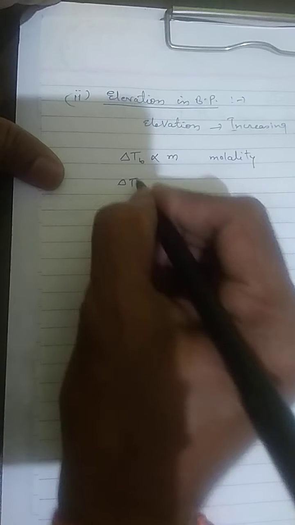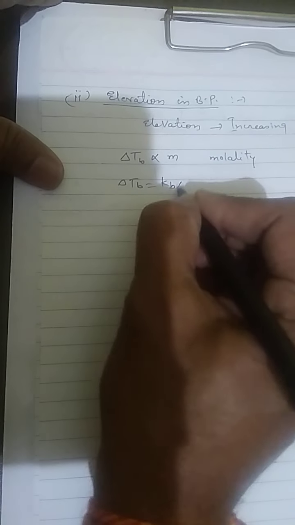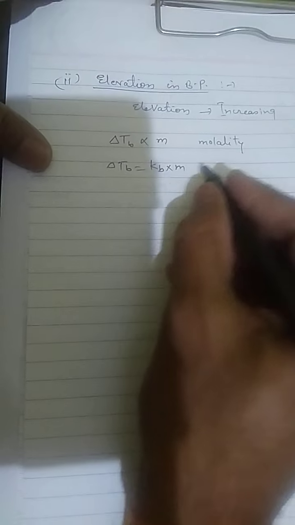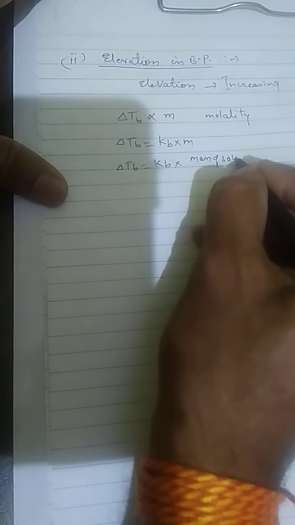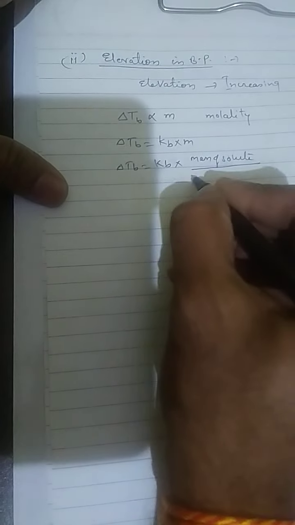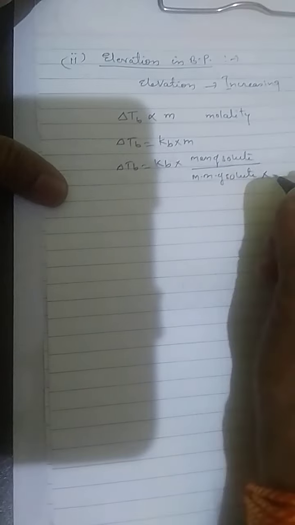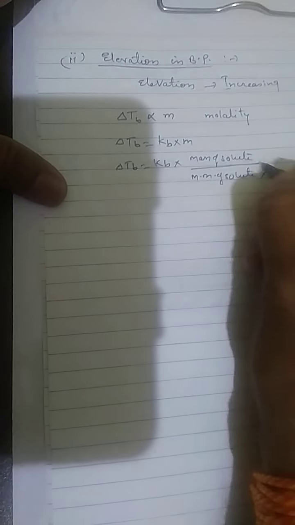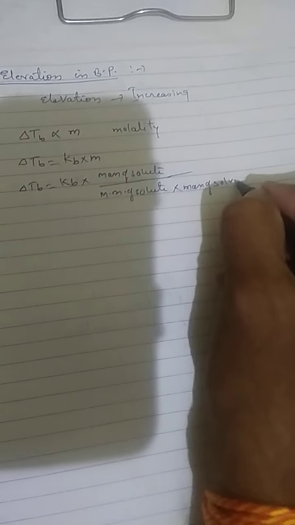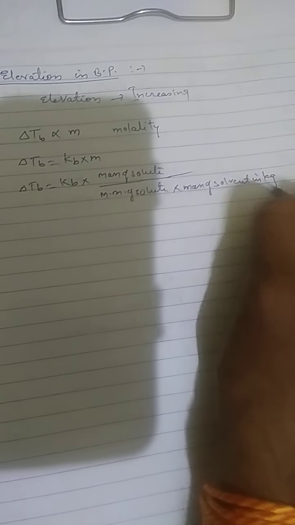So delta TB is equal to KB into m, and as we know, molality is the mass of solute over the molar mass of solute into the mass of solvent in kg.